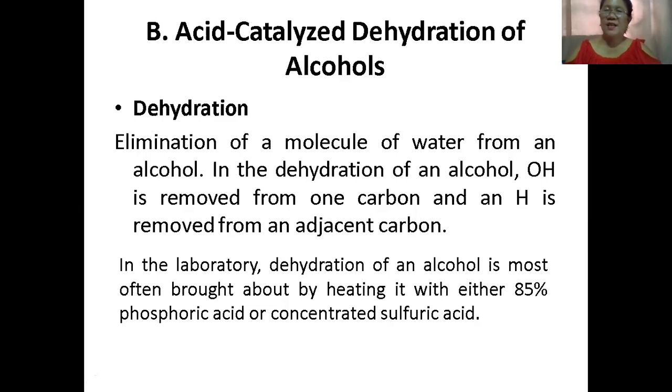In the laboratory, dehydration of alcohol is most often brought about by heating it with 85% phosphoric acid or concentrated sulfuric acid. First, let us start with primary alcohol.